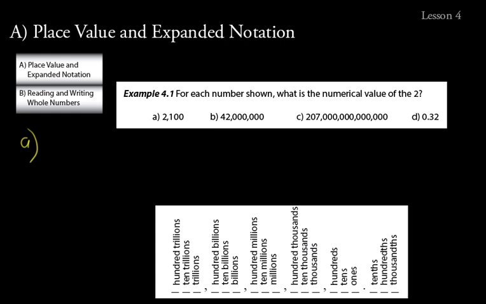So here we look 1, 2, 3, 4 places over from the decimal point. And so we can see that if we look at our place value chart here, 1, 2, 3, the 2 is going to be right there in the thousands place.